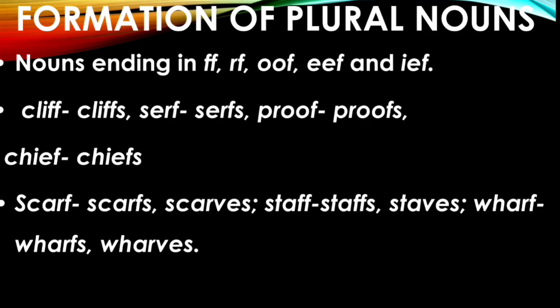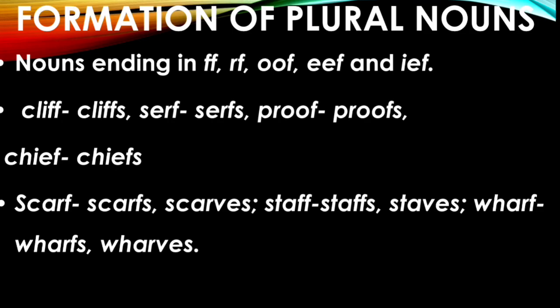Wolf, wolves. So F or FE changed into VES. And 4 nouns ending in FE form the plural by adding S. They are cafe, cafes, fife, fifes, safe, safes, strife, strifes. So FE and F, that is what we have discussed.